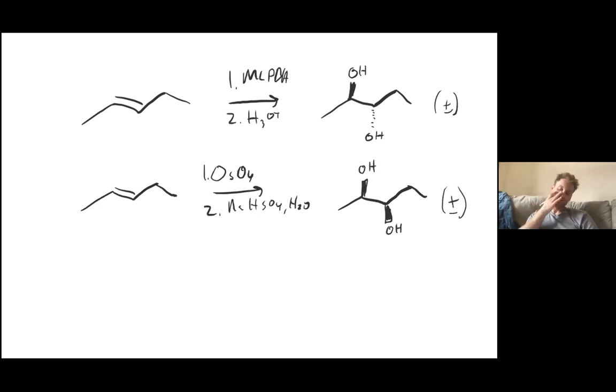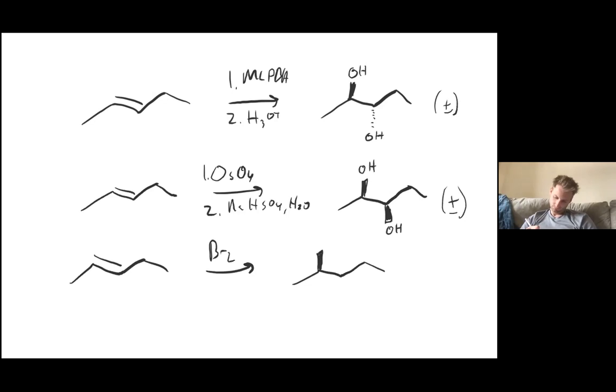For bromination, there's not a great way to control for dibromination, so Br2. The only way that you can actually generate a syn-like addition for one of these is you have to flip your stereochemistry on your ring, or not your ring, your alkene here.